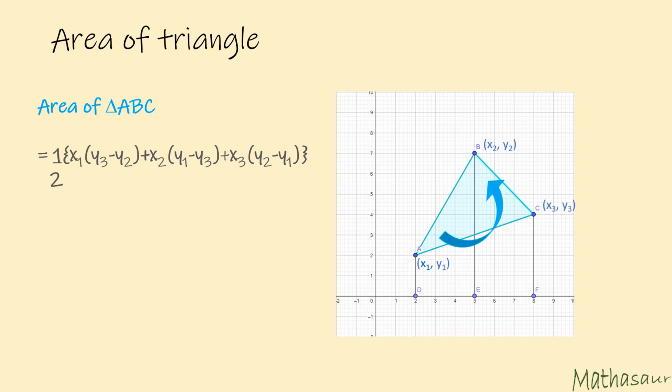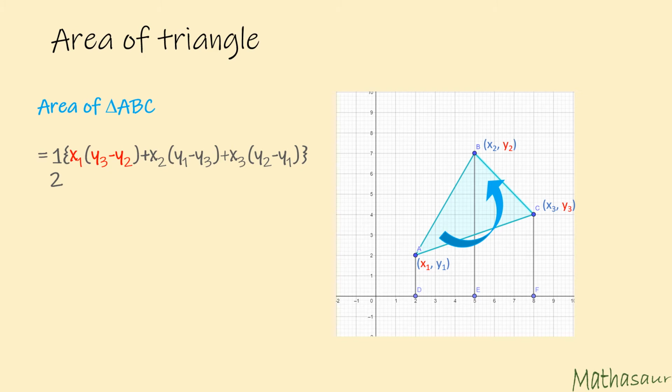The formula could look complicated, but there is an easier way to remember it. We are going to move in the anti-clockwise direction while looking at the triangle. So let us say we start with point A. So we get x1 times the difference of the y coordinates of the other 2 points in the anti-clockwise direction.